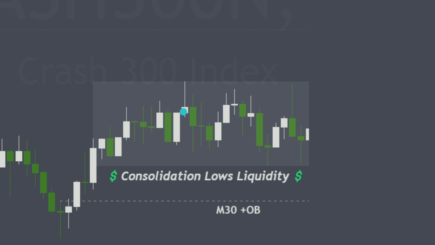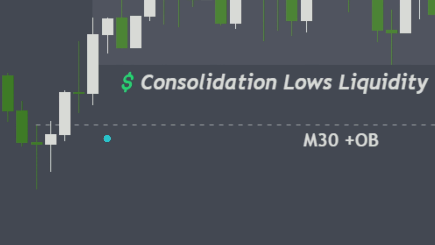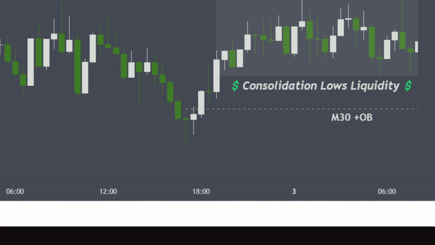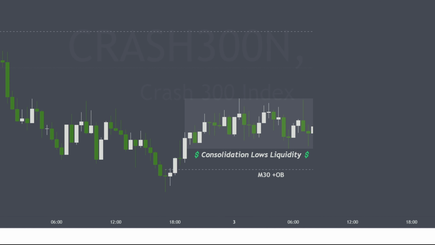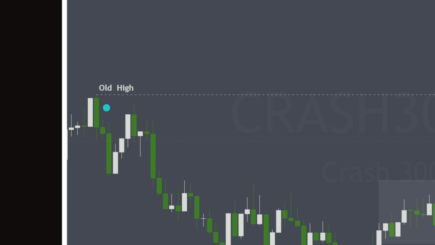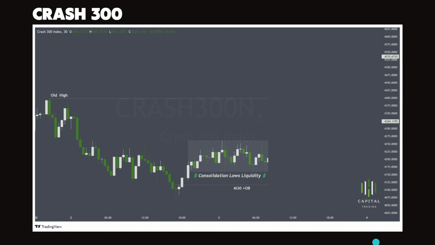As they were consolidating, we had this last down close candle, which was our bullish order block. So they formed this liquidity down here. Are they going to drop down into this bullish order block and then target these relatively equal highs or this old high up here? Let's see what happens.